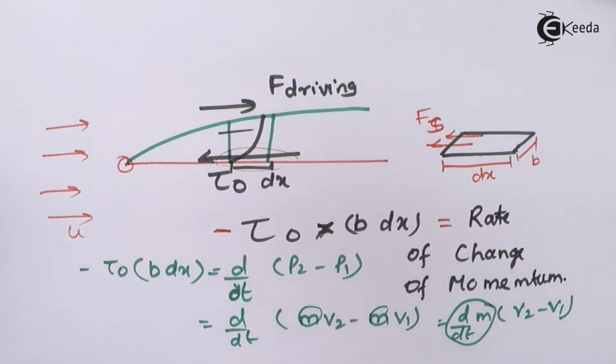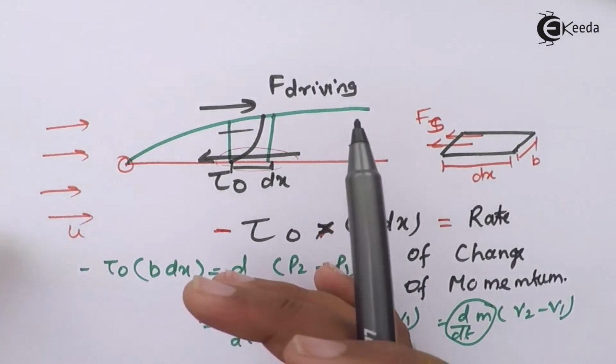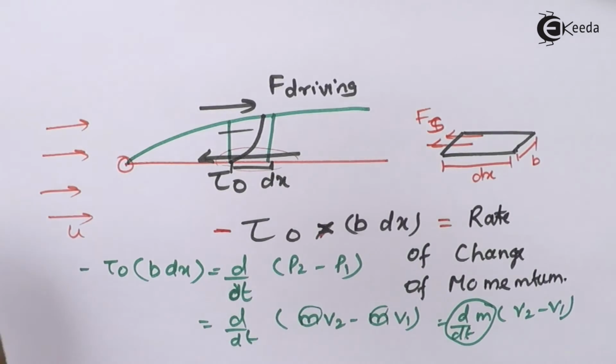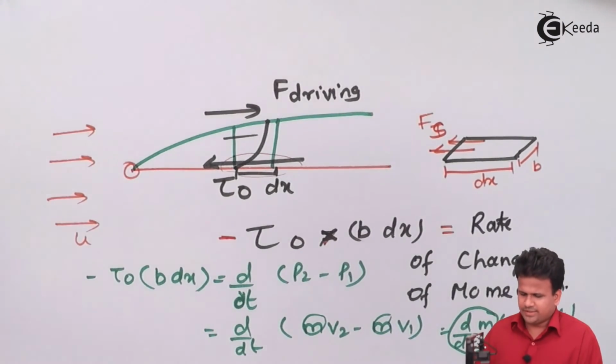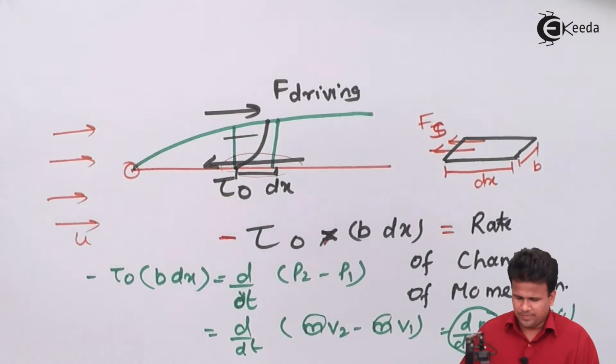Now this is what we are interested in. In the previous section we had not taken mass into velocity; we had taken the mass flow rate and the difference of its velocity. So now we can relate to what we have done previously. Let us relate this shear force with conservation of momentum.